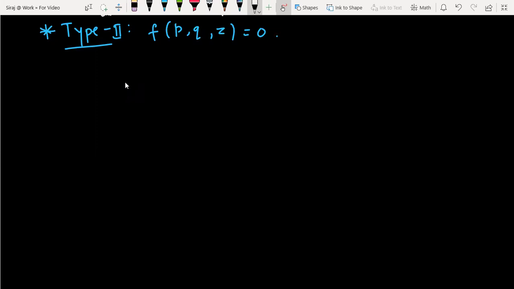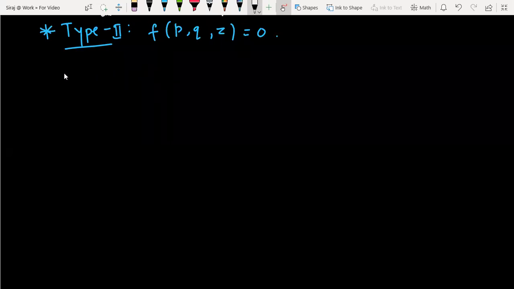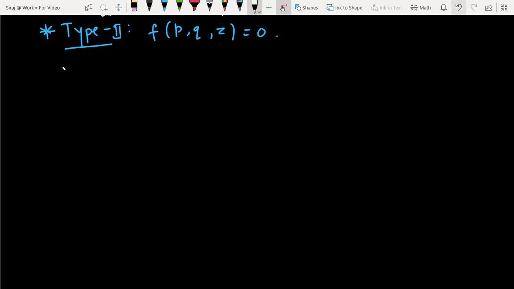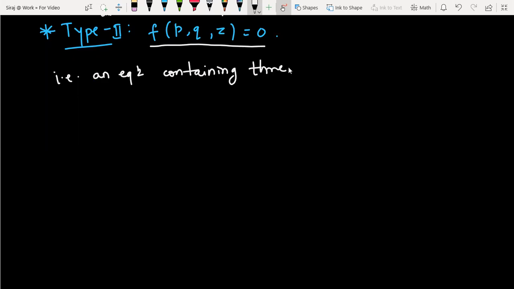So equation f of p, q, z equal to 0 means that it is an equation containing three variables, p, q, and z only.